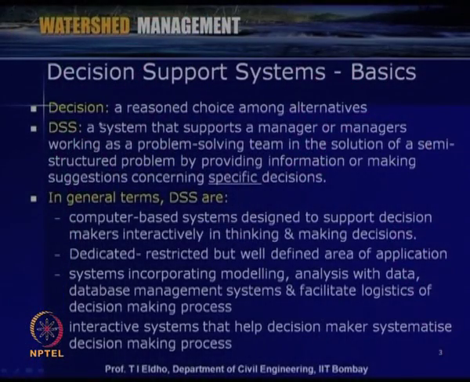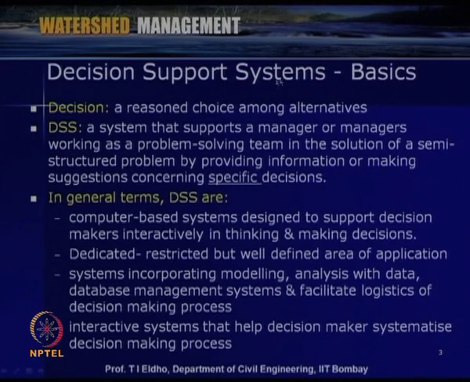Decision support system means a system which helps the decision maker to make a specific decision. We can say that a decision is a reasoned choice among alternatives. So, we can have different alternatives, and among them the reasoned choice is the so-called decision, and it is done by the decision maker.